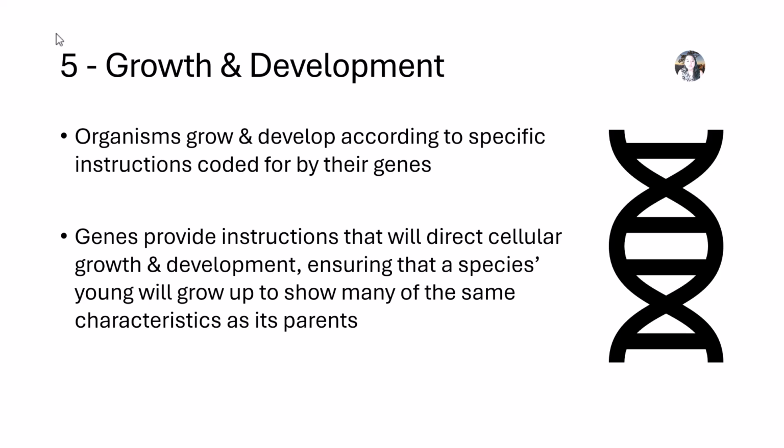Number 5, growth and development. To be alive, organisms have to be able to grow and develop according to specific instructions coded by their genes. Genes are basically like an instruction manual. They provide instructions that direct cellular growth and development, ensuring that a species' young will grow up to show many of the same characteristics as its parents.